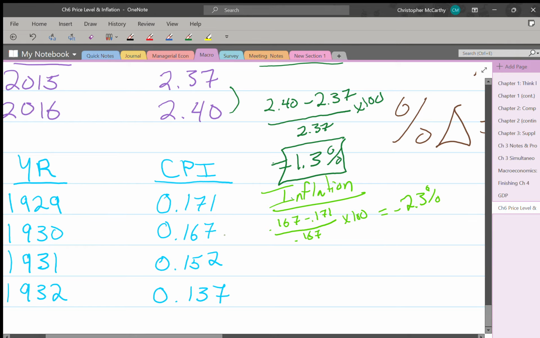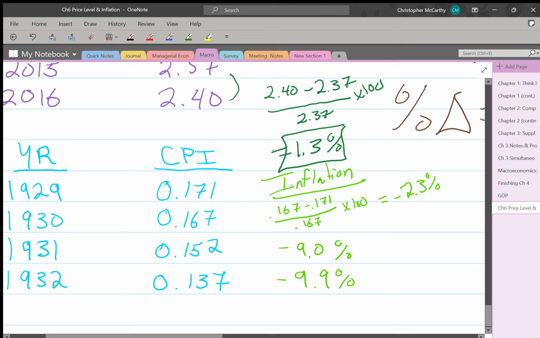And so every year the prices were falling, right? In 1931 we had a fall, so it started out not too bad, and then it was a really precipitous fall, in terms of 9%, then near 10%. It didn't slow down until 1933.